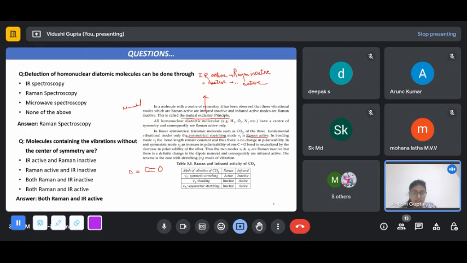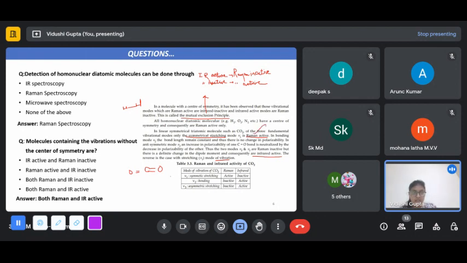In bending mode, the bond length remains constant, thus there is no change in polarizability. In antisymmetric mode, there is an increase in polarizability of one carbonyl bond, which is neutralized by the decrease in polarizability of the other. Thus these two modes are Raman inactive. But there is a definite change in dipole moment, and consequently they are IR active. The reverse is the case for symmetrical stretching, which is Raman active.